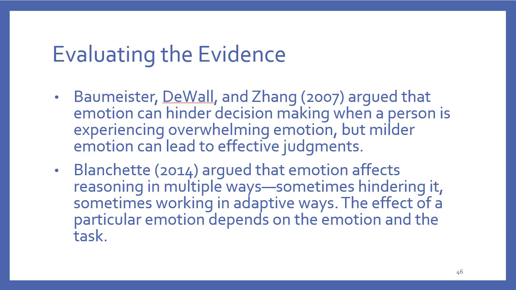Like in the last example, where if people are just generally happy, they don't feel a need to make decisions. They just kind of lump everything together in categories in that study. If you have too much, then you get overwhelmed and you kind of shut down because it's too stress-inducing to make a decision. But if you have just enough, then you can have effective judgments, just like they found in the Baumeister, DeWaal, and Zhang study.